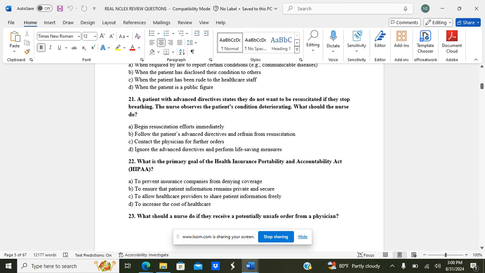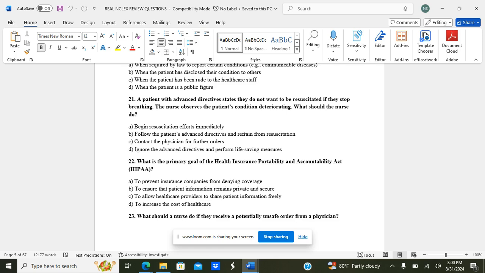Let's see 21. A patient with advance directives states they do not want to be resuscitated if they stop breathing. A patient signed a contract: do not resuscitate the patient. Okay? The nurse observes the patient's condition deteriorating.